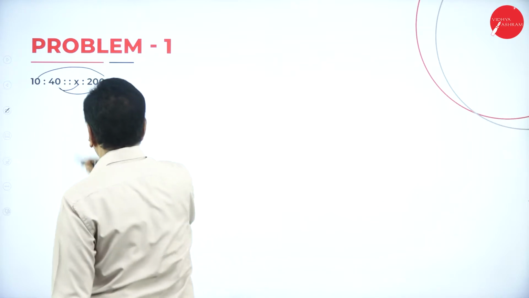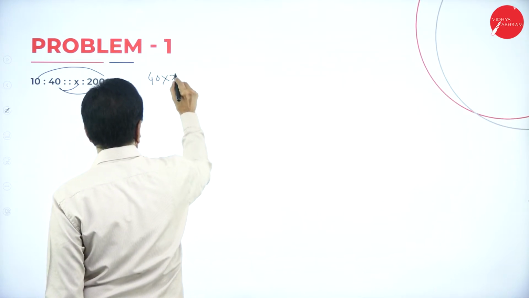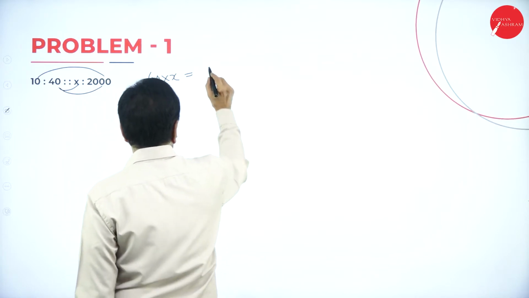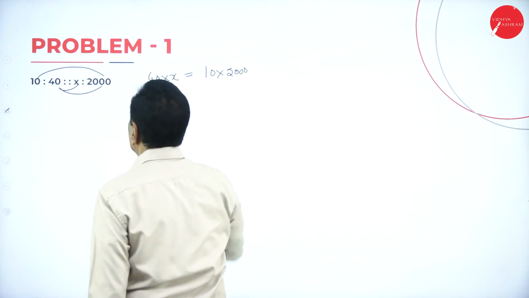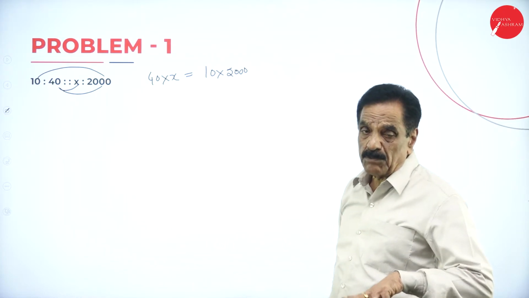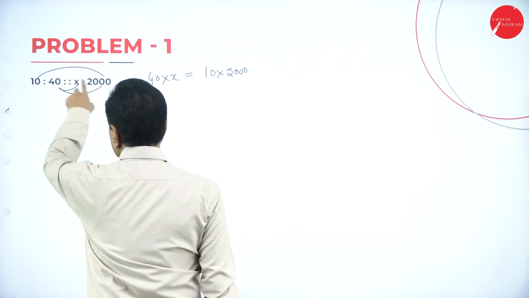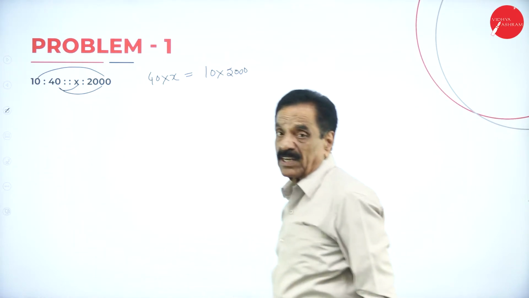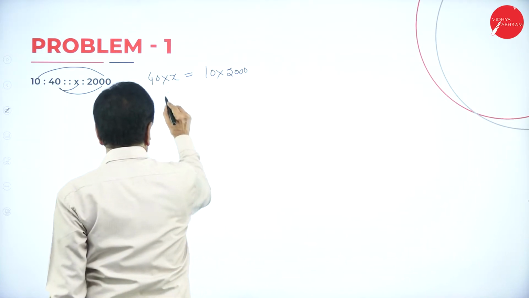So 40 into x is equal to 10 into 2000. First and last are the two extremes, second and third are the two means. First and last, second and third. Multiply 40x.